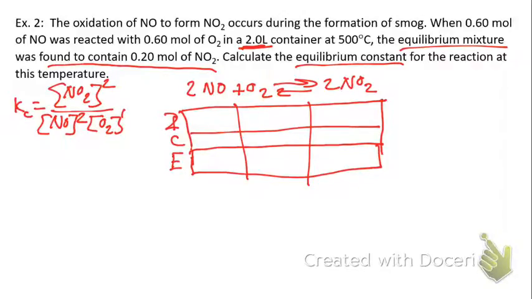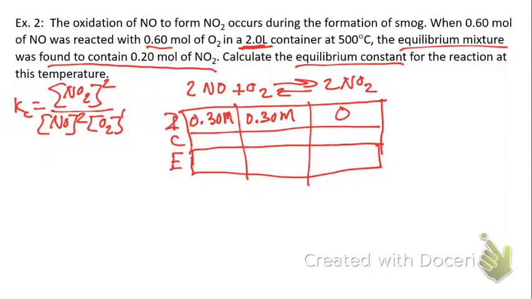Now, my initial concentrations. I have 0.06 moles of each one, but it's in a 2-liter container, so I have to divide by 2 to give me the actual concentrations, which is going to be 0.30 molar for each one of these. And my initial for my product is of course 0.